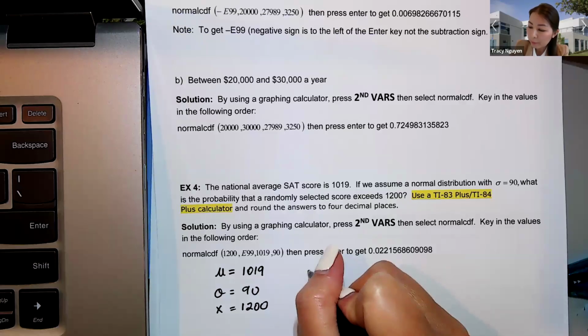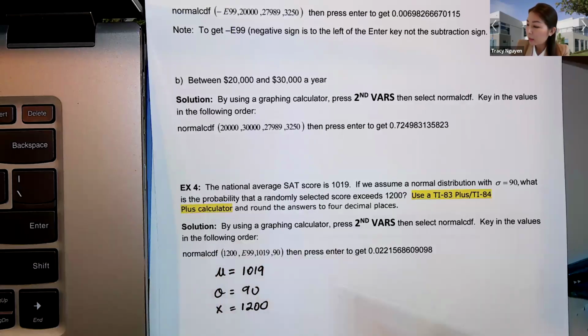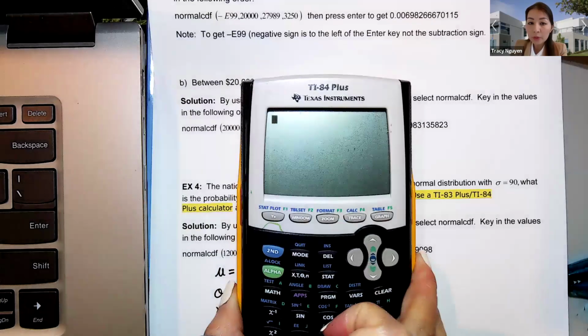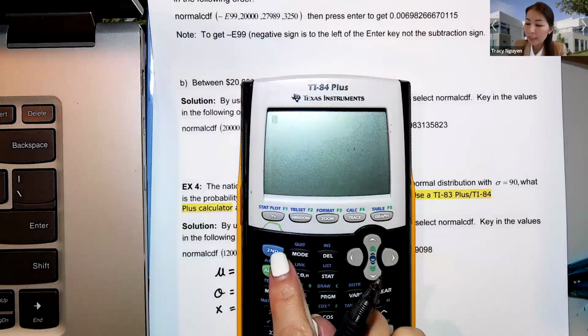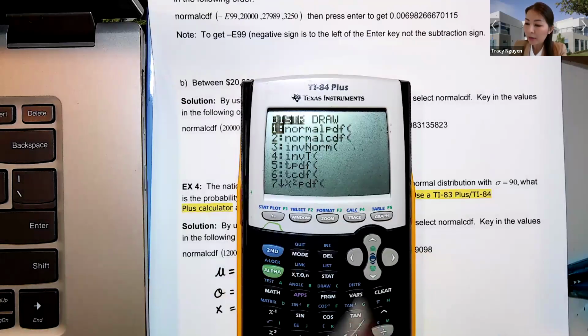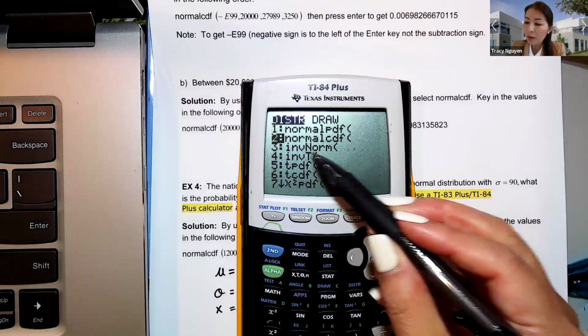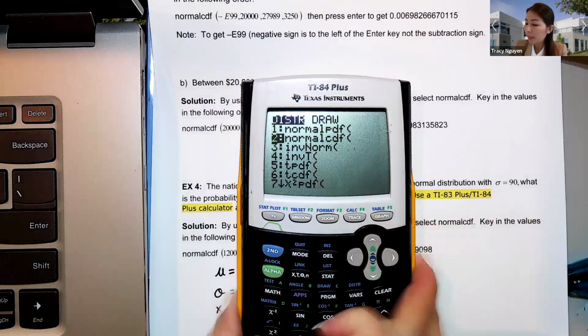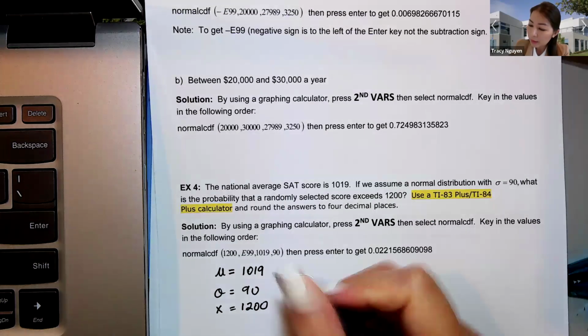All right, so now on our calculator, I'm going to key in to show you. Second, and then you have the word bars on the fourth column of your calculator. You're going to go down to select number 2 on normal CDF, okay? So let me write down the direction here.